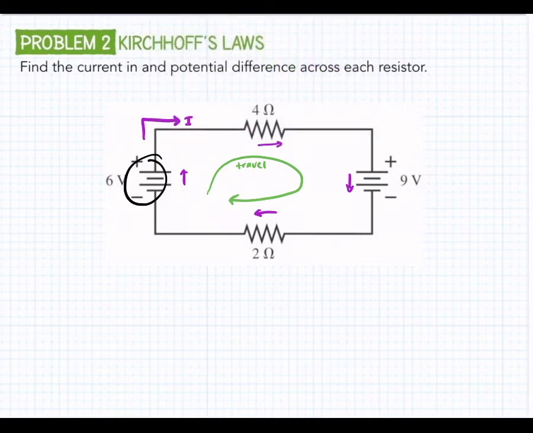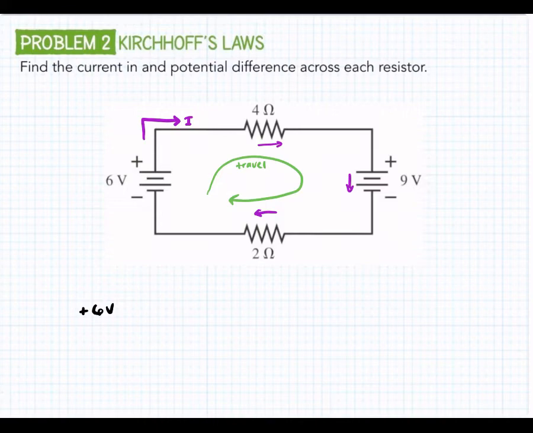So this is 6 volts, and we know that this direction of current and the direction of travel point the same way, but for this particular thing that doesn't matter. All that matters is the direction of travel points upward through the battery. And because it points upward through the battery, that gives us positive 6 volts.